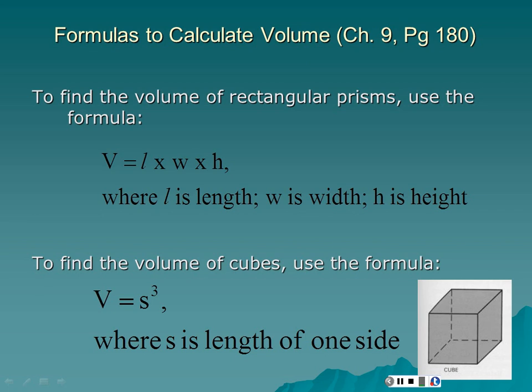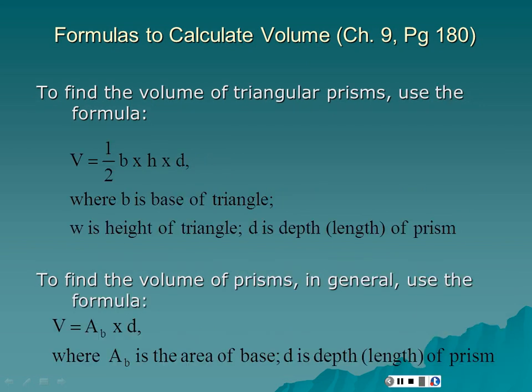Now, in the case of the cube, all the dimensions are the same. So instead of multiplying 3 different dimensions, we just write s cubed. That's similar to a dice, right? All the dimensions are the same.